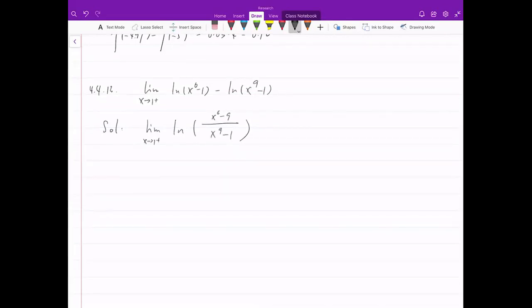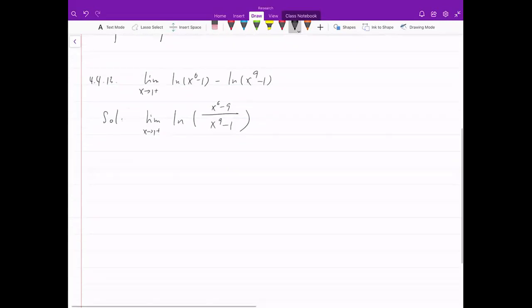Sounds good? Okay. Now, what's the limit of the inside? This one is going to be 0 over 0 if you plug in x equal to 1.